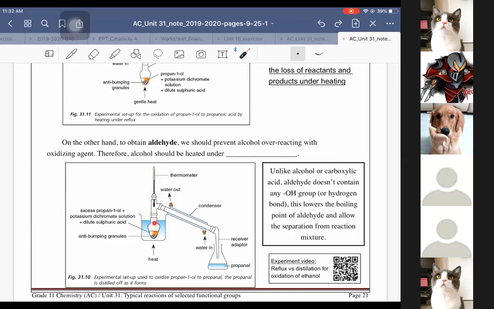Okay, the alcohol will not evaporate. We need to control the temperature precisely to make sure alcohol will not evaporate, but the aldehyde will evaporate, go through the condenser and be collected here. Okay, so that's a different setup used for this part, oxidation of alcohol. For this setup, we call it distillation.